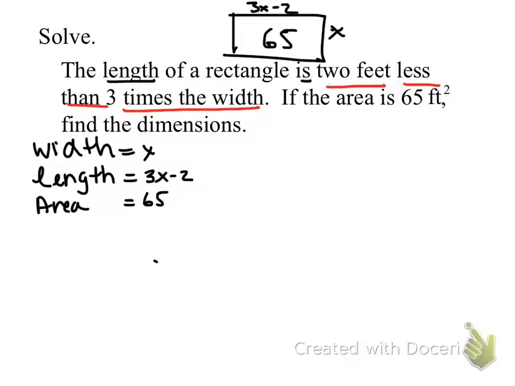Okay, what else do I do as soon as they say area of rectangle? What should pop in my head? Urani? The formula for area of a rectangle, which is? A equals L times W. Or W times L. And next step.